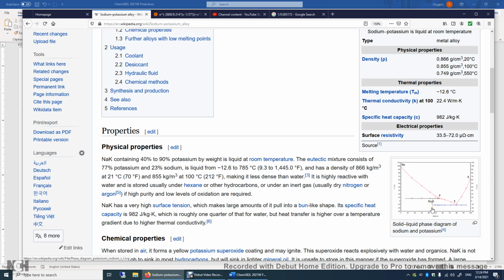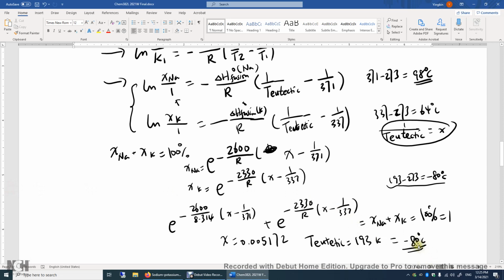It's different from pure solid sodium. It's different from pure solid potassium. So for this reason, our calculation result deviates from the real experimental results significantly. So we got negative 80 degrees, and over here it's negative 13 degrees. But still, I showed you both theoretically and experimentally, it's possible to melt this sodium and potassium below the freezing point of water.